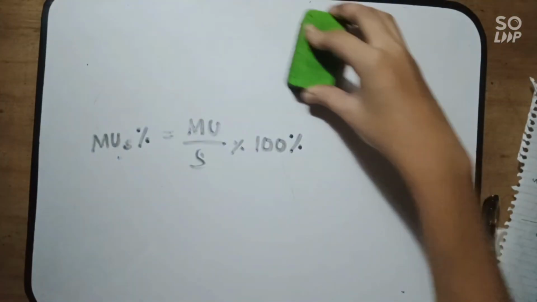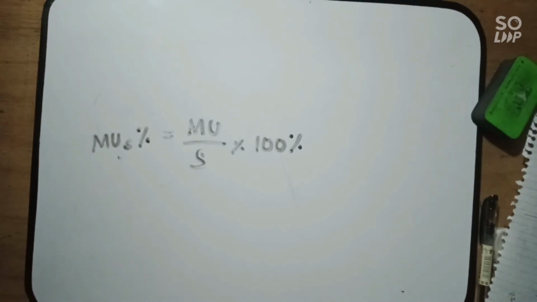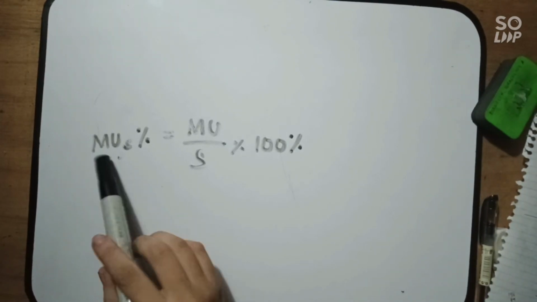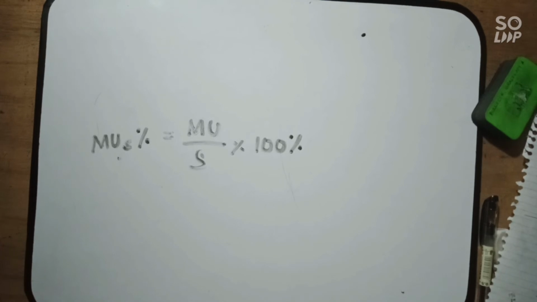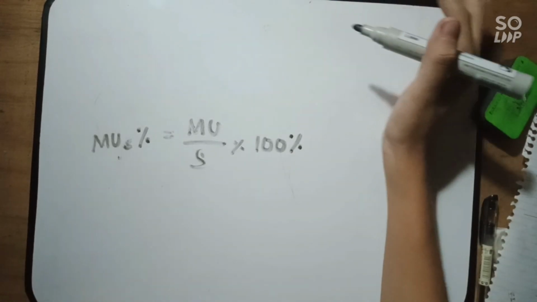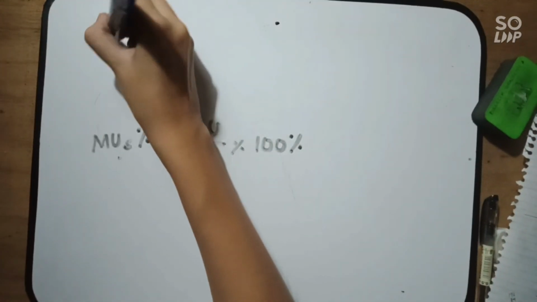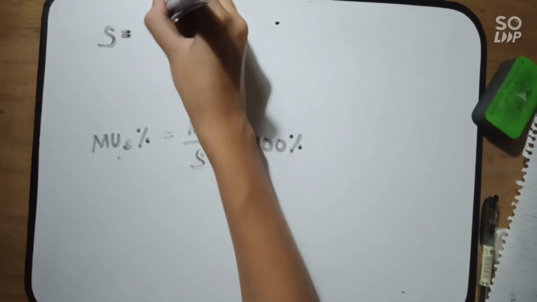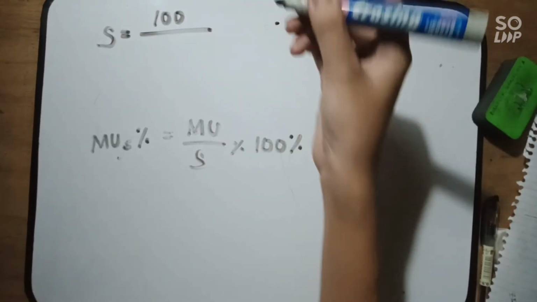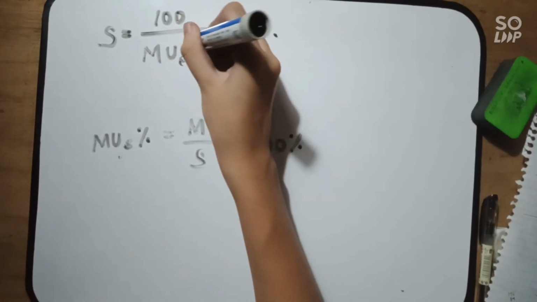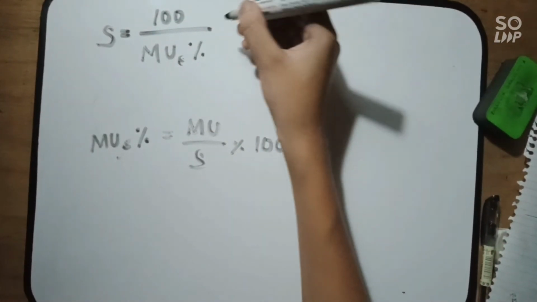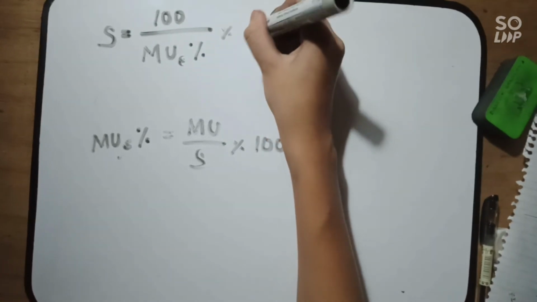Since we are looking for the selling price, we convert this to the formula: selling price equals 100 over the rate of markup based on selling price times markup.